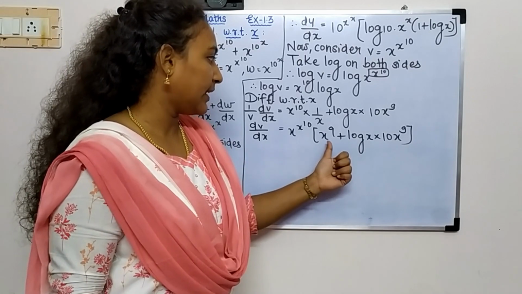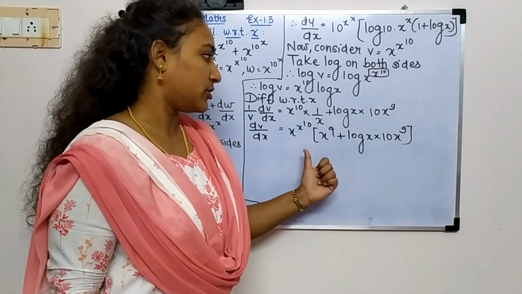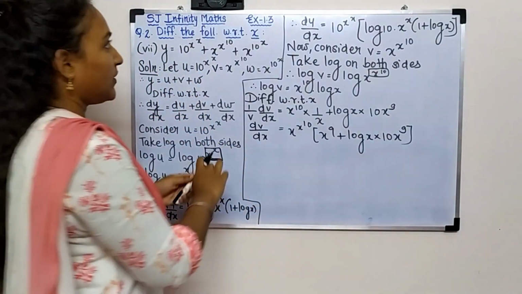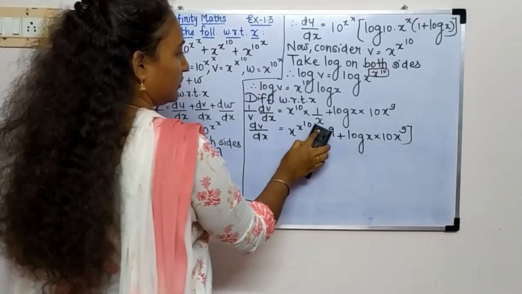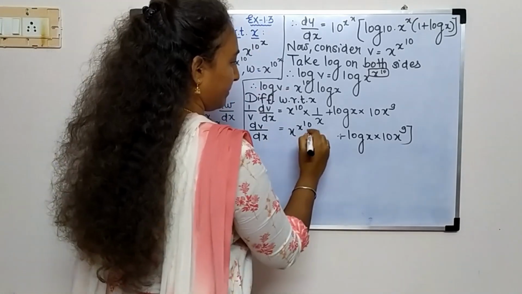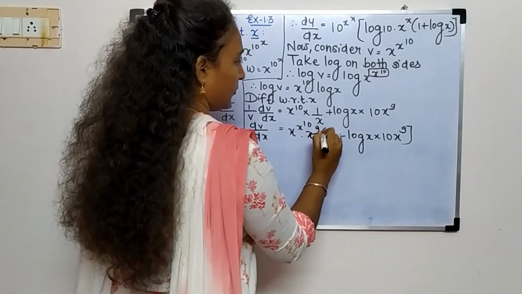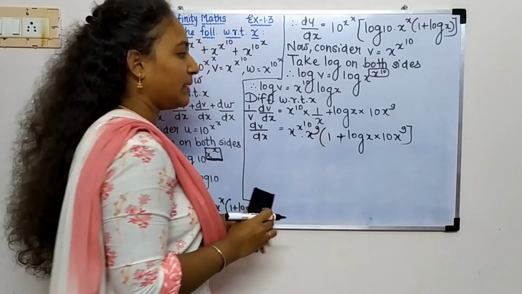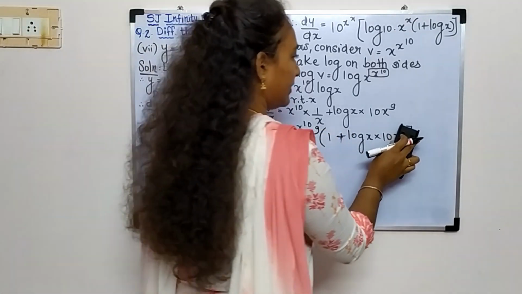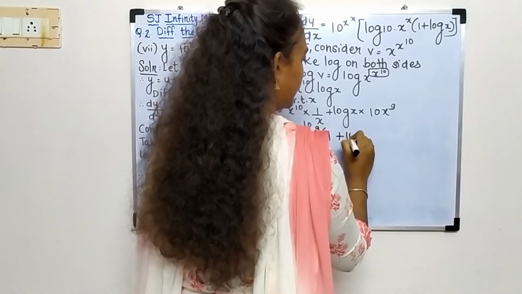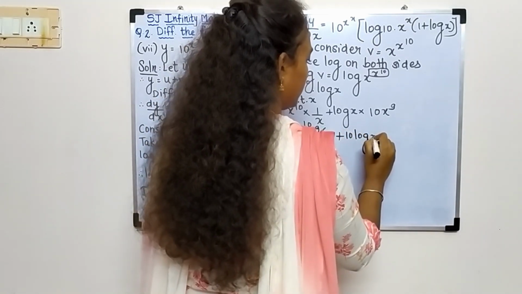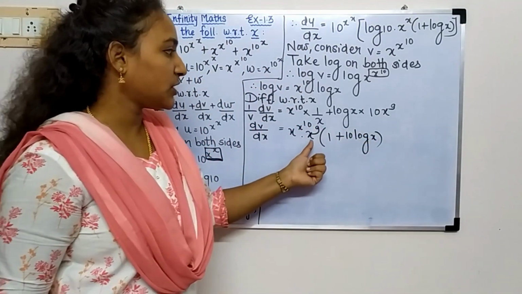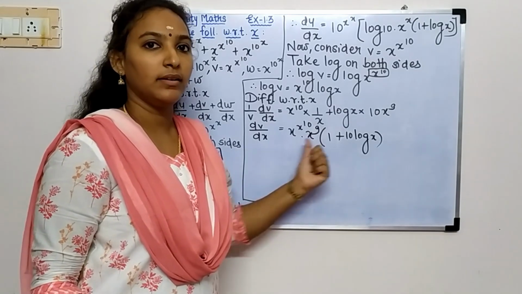And here you can take x power 9 common also. So when you take x power 9 as a common term, you will be left with 1 over here and here 1 plus 10 log x, because we have taken x power 9 common.